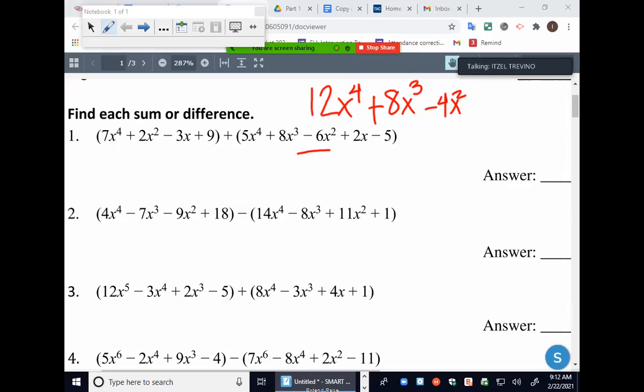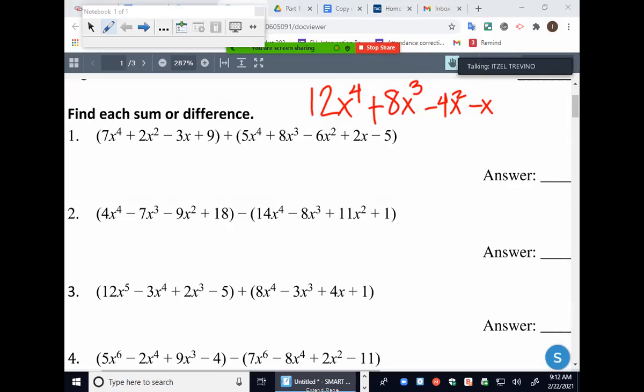And then I have just x. Just x. I have minus 3x plus 2x. Negative 3 plus 2 is negative 1. I don't have to put the 1. I'm just going to put minus x. Okay, I don't have any more variables. Now I'm just going to go ahead and add what I have at the end.